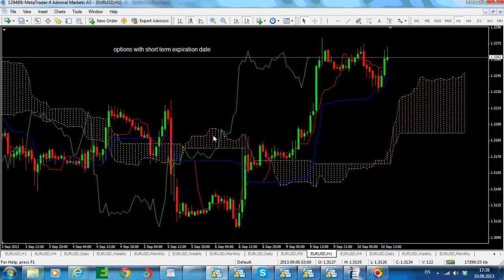So yes, you can trade short-term expiration dates, not 60 seconds, but from 2 minutes above, but only if you go on the market exactly at the top of the hour.